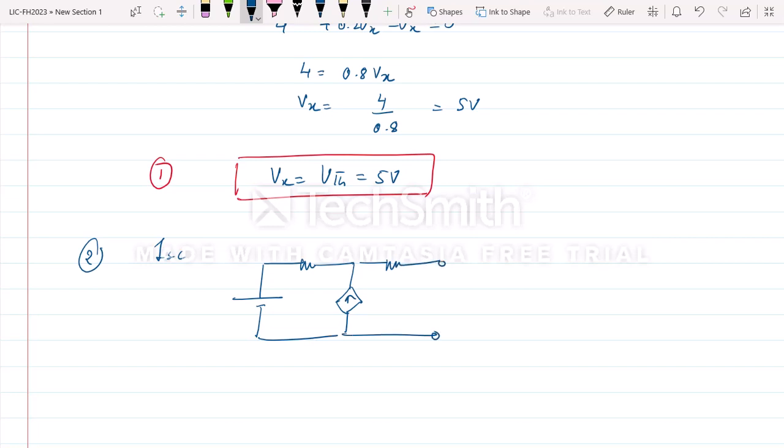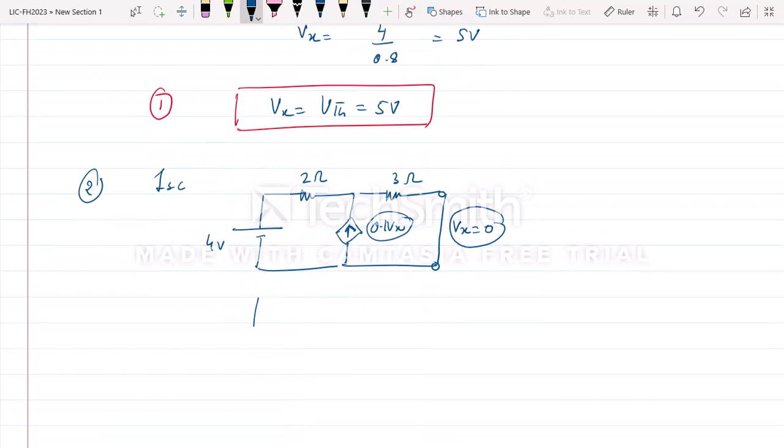Since we are short circuiting to find ISC, Vx is 0. The circuit has 0.1 Vx, 3 ohm, and 4 volt. When Vx is 0, the dependent current source also becomes 0. A current source of 0 becomes open circuit, so the circuit becomes like this.